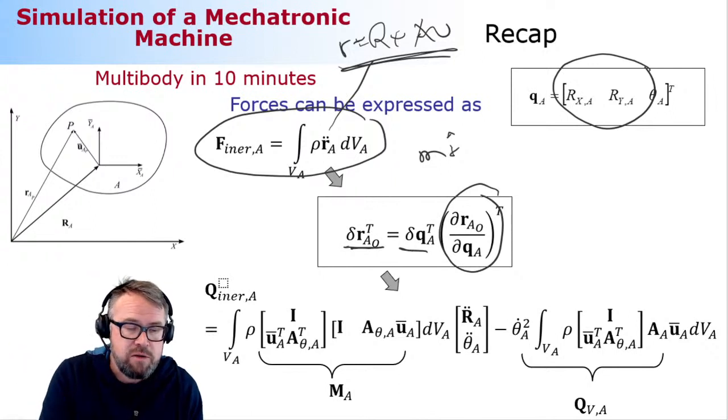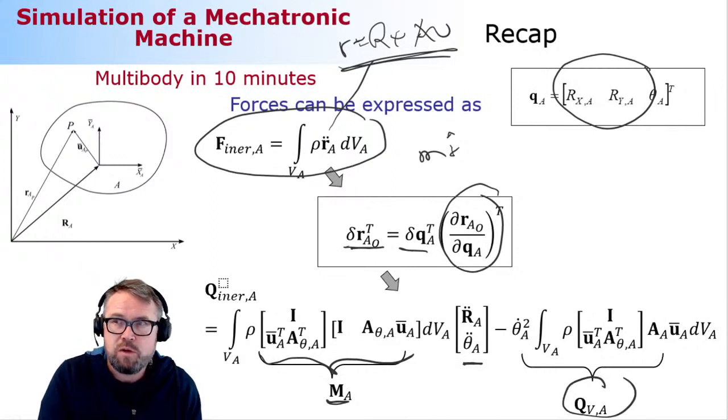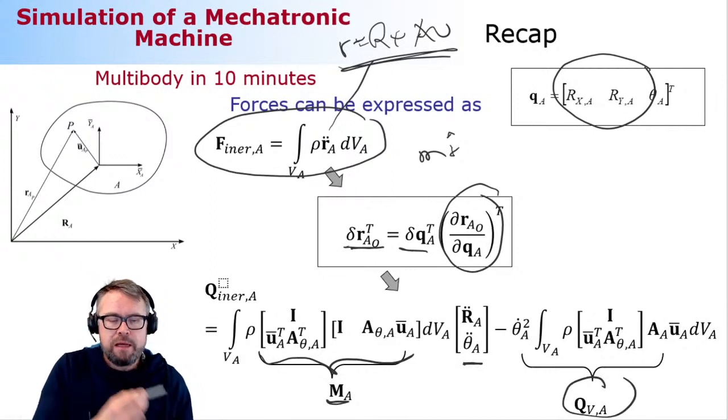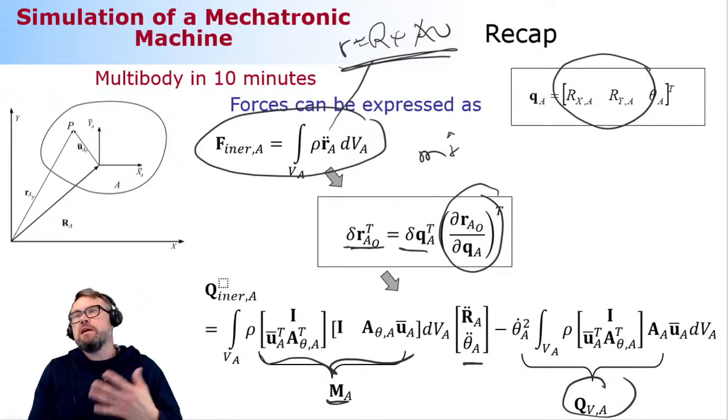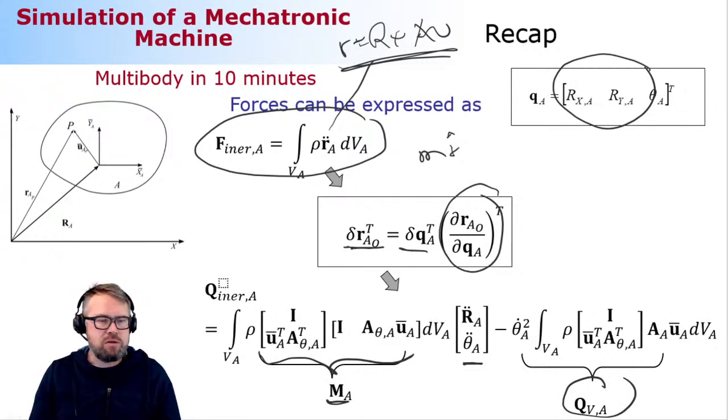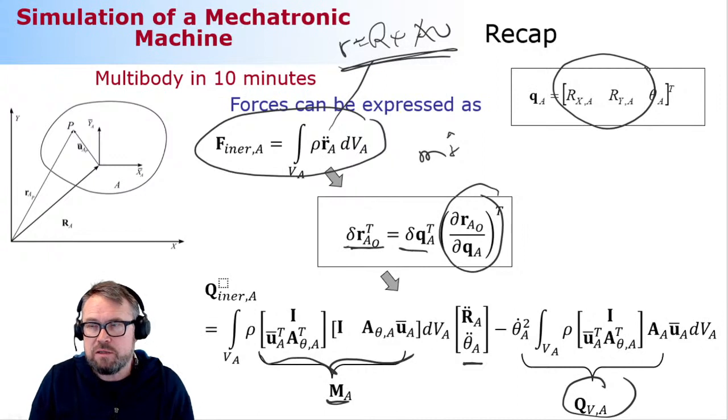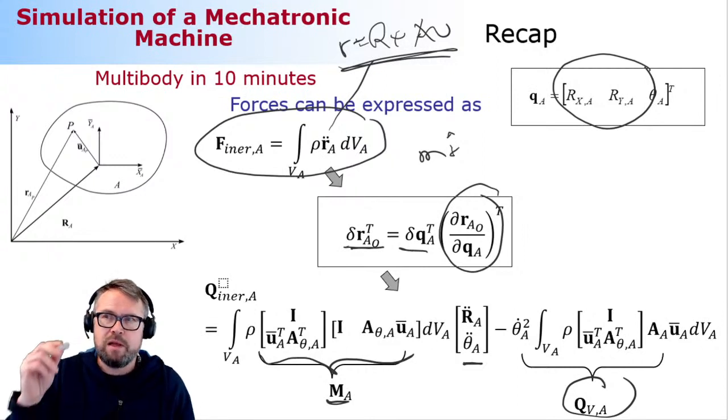You substitute everything into this equation, and then the generalized inertia forces consist of two parts: one with a mass matrix multiplied by the acceleration of generalized coordinates, and something called the quadratic velocity vector. The quadratic velocity vector is equal to 0 if your body reference coordinate system is located at the center of mass.